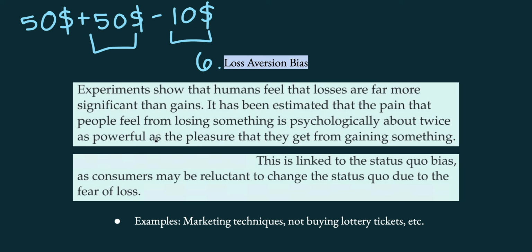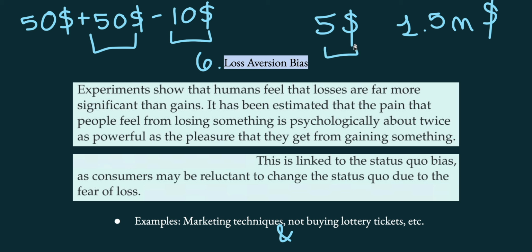Okay, and some companies do prey on this. For example, marketing techniques, and I'm going to connect these two, marketing techniques and not buying lottery tickets. So what is the chance of winning a lottery? I actually don't know. Let's say it's for 1.5 million, okay? And in reality, let's say you bought one ticket and you got nothing, okay? Well, some people aren't happy with that because they lost $5 even though the potential gain was 1.5 million.